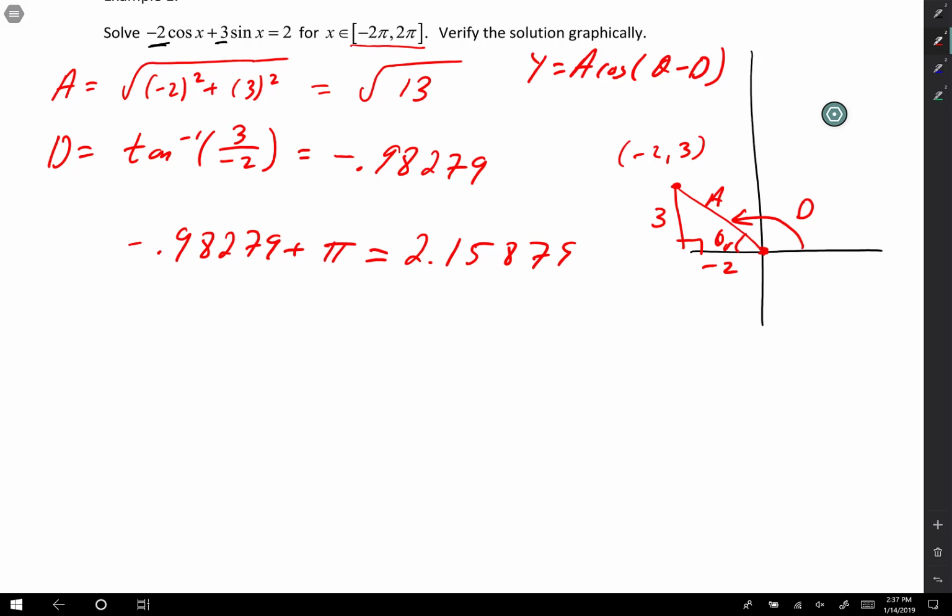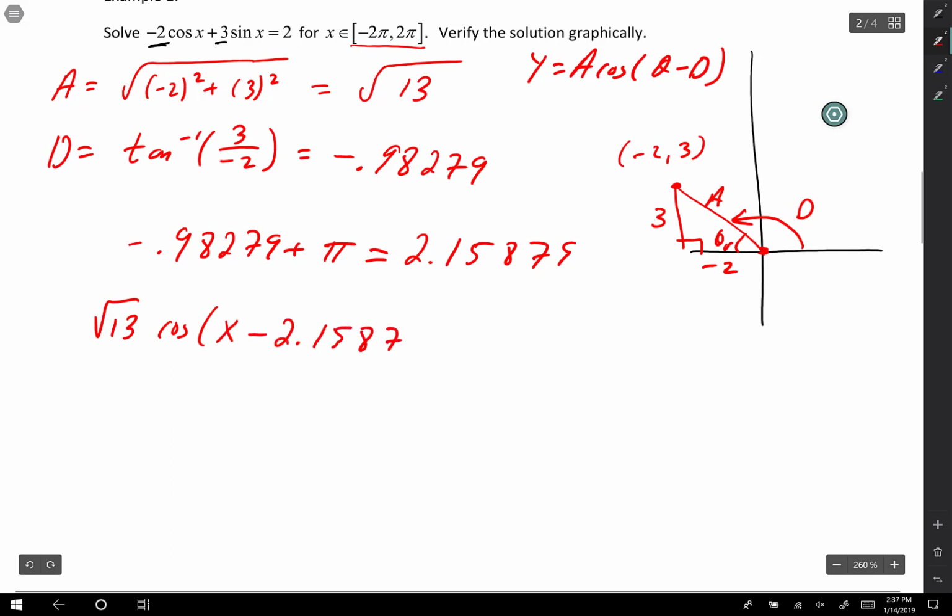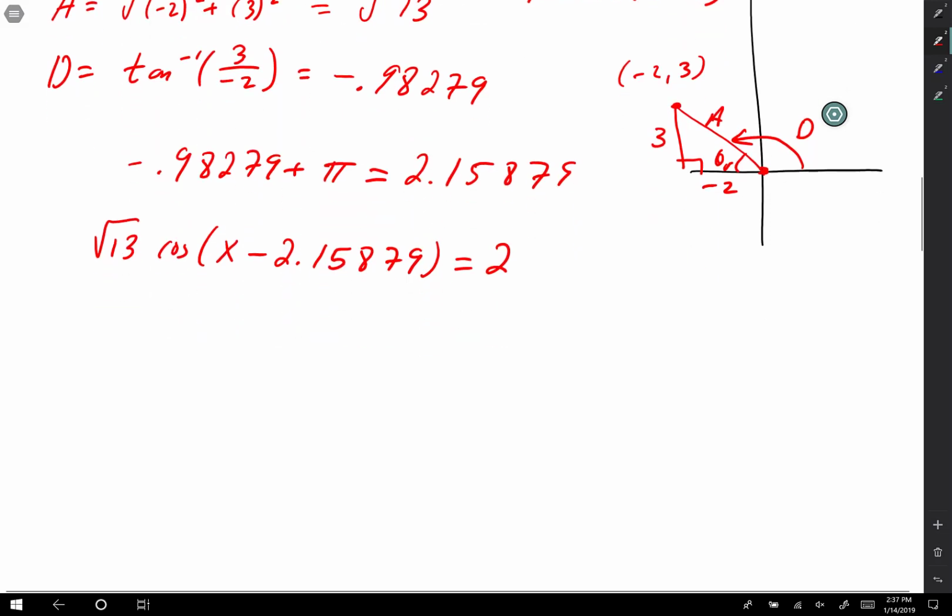So here's my equation. My new equation is square root of 13 cosine parenthesis x minus 2.15879, and all that still equals 2. So now it becomes easy. Look, I just have one single cosine. So now what do we do? Yeah, solve for x.